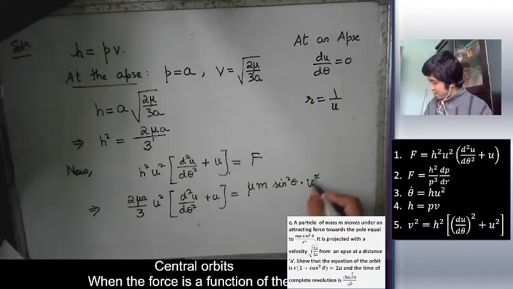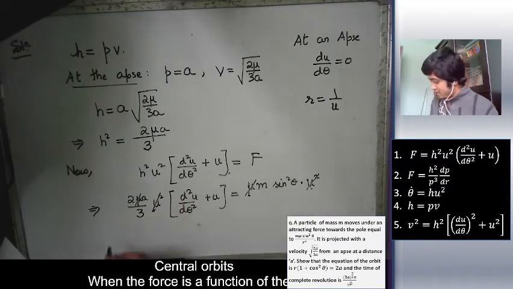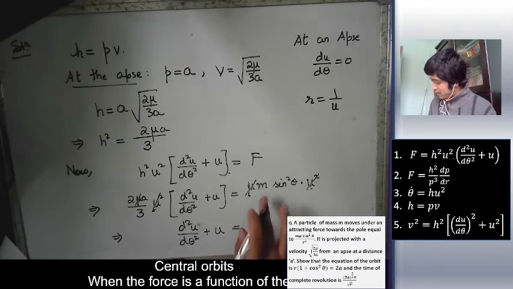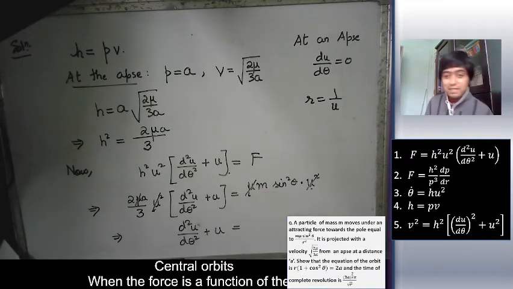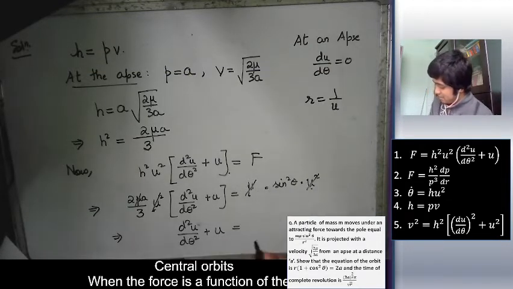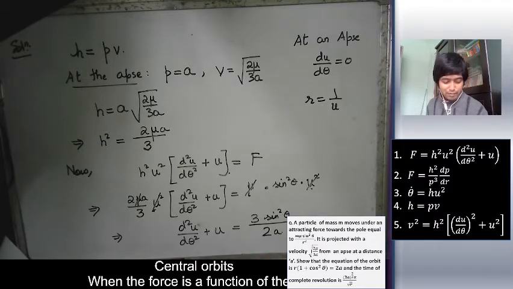So u square and u square get cancelled, mu and mu get cancelled, and we will have d2u d theta square plus u. And m won't be there because it is the acceleration; force equals mass times acceleration. So we will have 3 sine square theta upon 2.